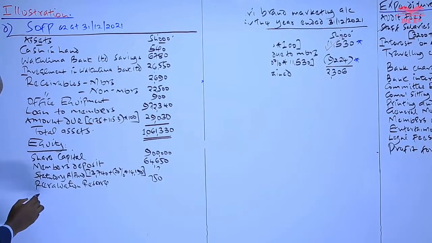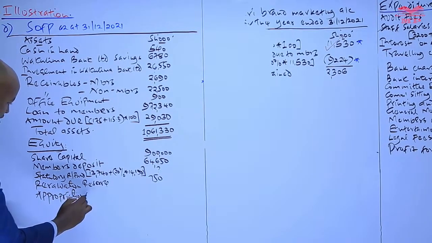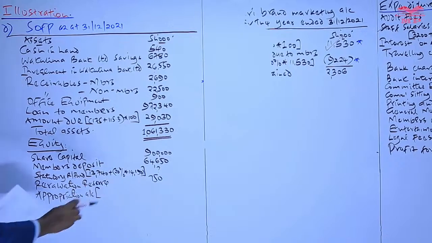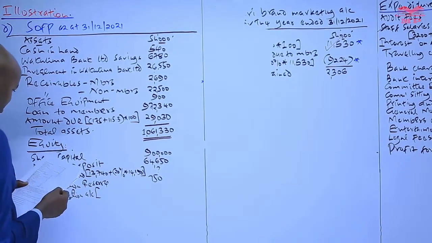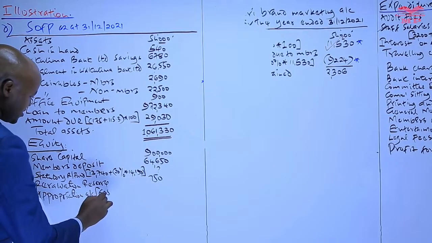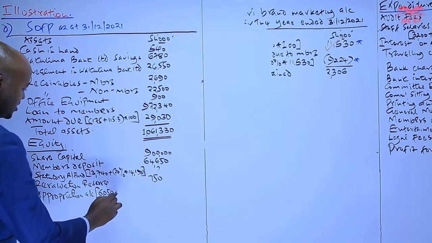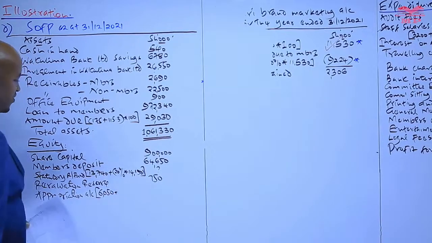And still we have the appropriation account. This figure still needs to be adjusted because what you are given there is the appropriation account at the start, which is 50. To this, we should add the profit for the year.